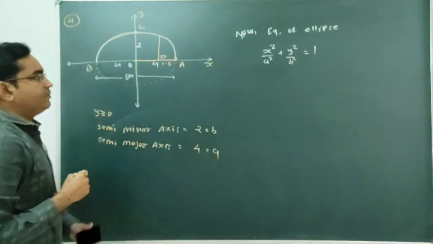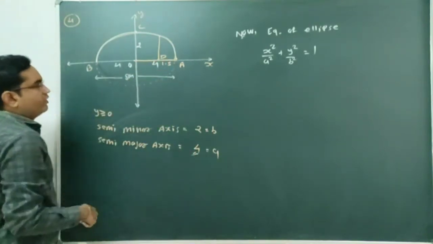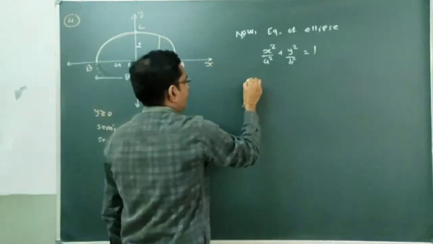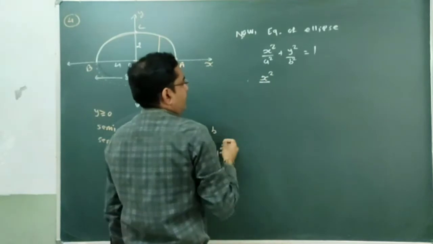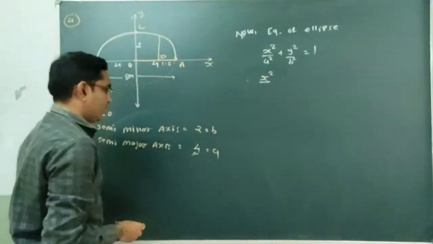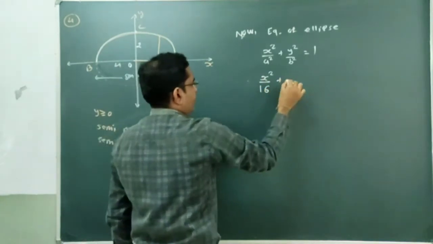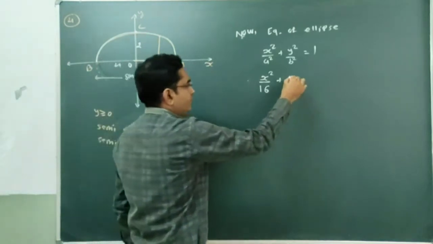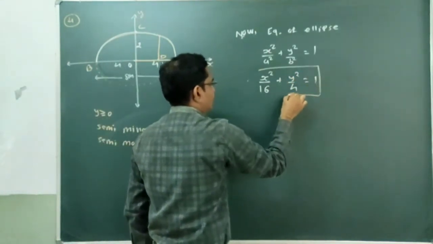In this ellipse, the length of the semi major axis is 4 and the length of the semi minor axis is 2. So put these values, so we get the equation of the semi elliptical arc. a square is 16, so x square by 16 plus y square by b square, b is 2, so y square by 4 equal to 1. This is the equation of the ellipse.